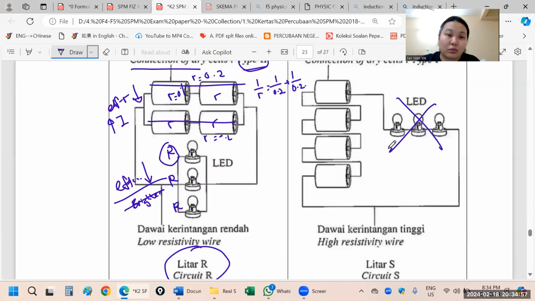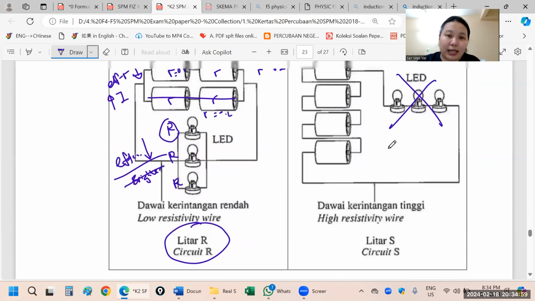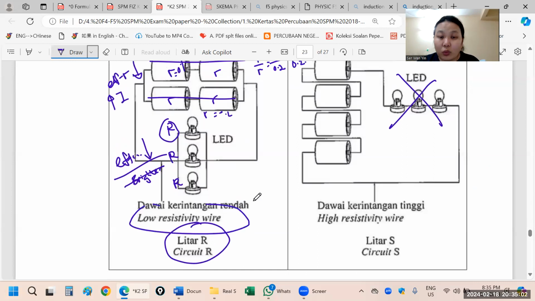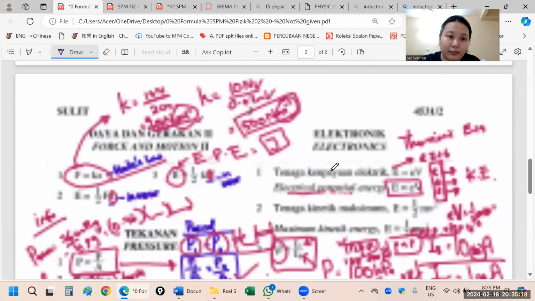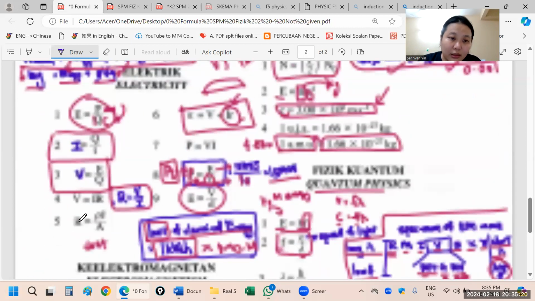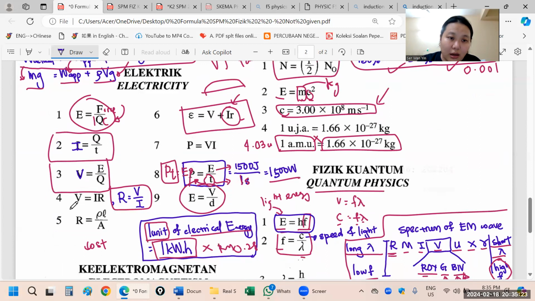And also, low resistivity wire means the current is bigger. Okay, low resistivity wire, you can say because it has low resistance. Resistivity: now this is R equals to rho L over A. Rho is resistivity, R is resistance.